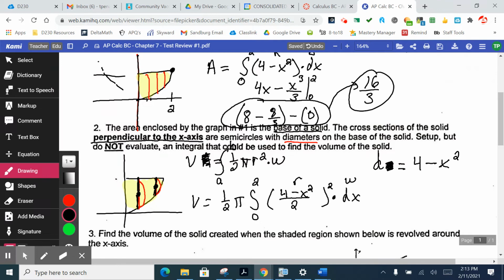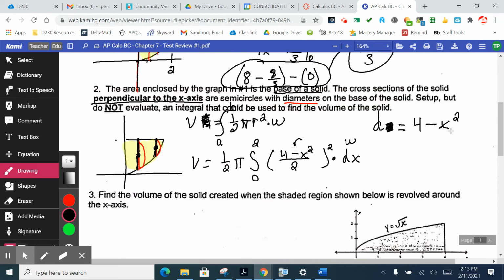Without a calculator, evaluating this by hand is pretty messy. So when they give you a messier one, they'll just ask you to set it up, and then they'll say, do not evaluate it. So you can just leave that just like this. That's our cross section. So we did semicircles, circles, squares, and then equilateral triangles.